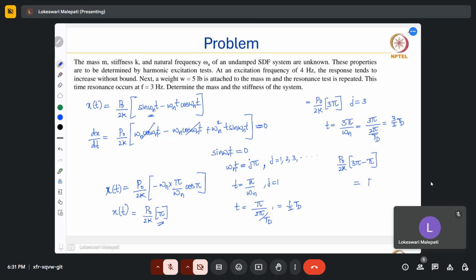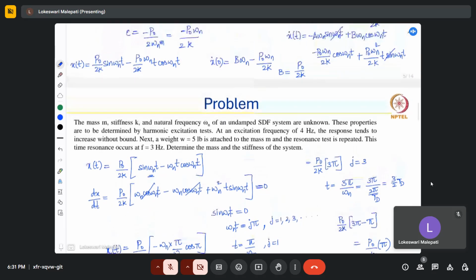So here we have P naught by k times pi. So every time the amplitude increases by P naught by k times pi. So that means with time it keeps on increasing, and this is an unbounded value.